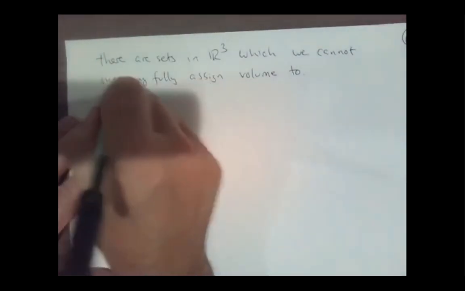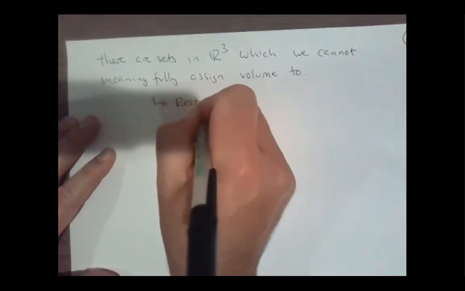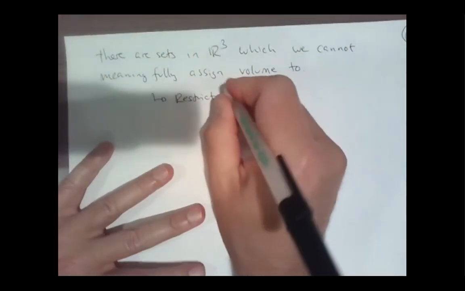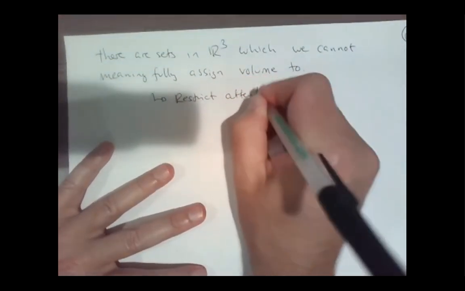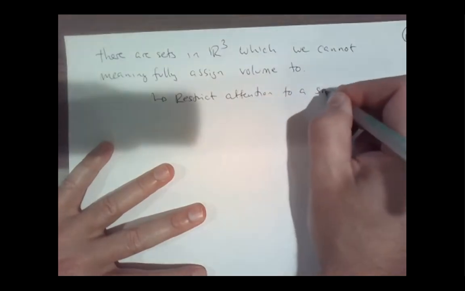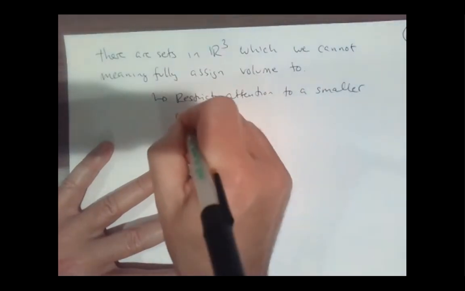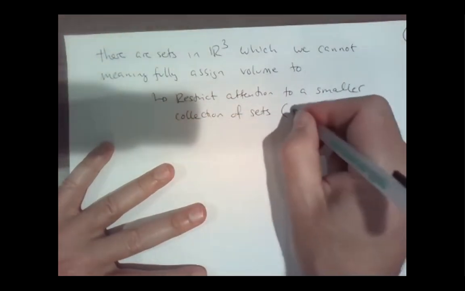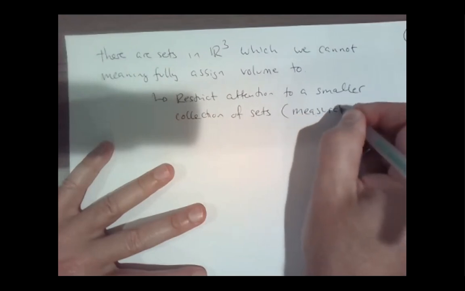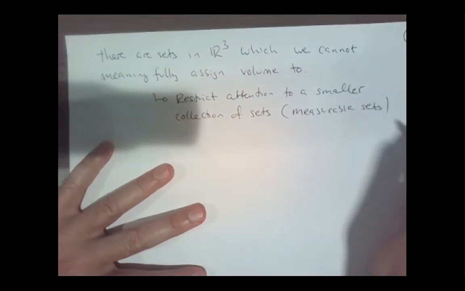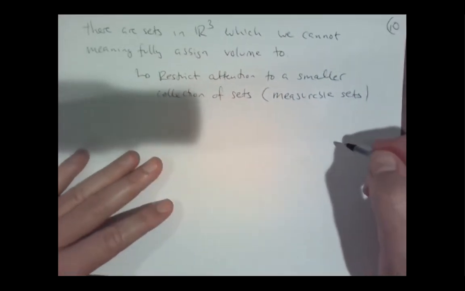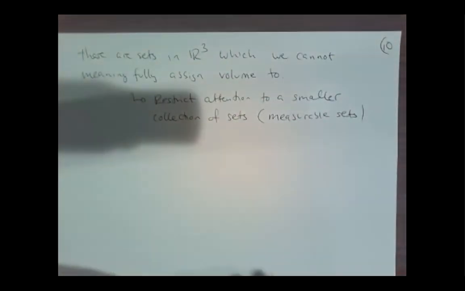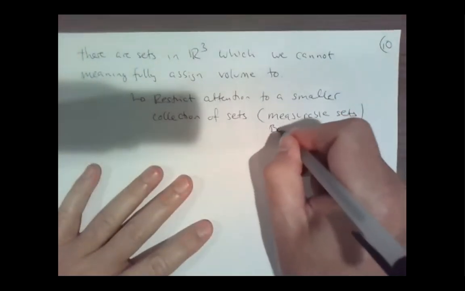So we restrict attention to a smaller collection of sets, and these are going to be called the measurable sets. So instead of going all in and trying to get all the sets measured, we're just going to restrict attention to a smaller class of sets. These are the measurable sets or the Borel sets.